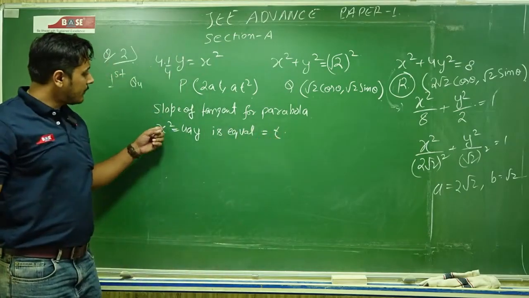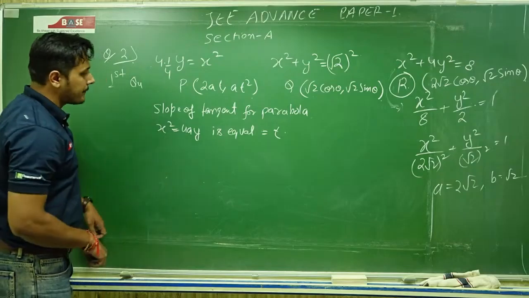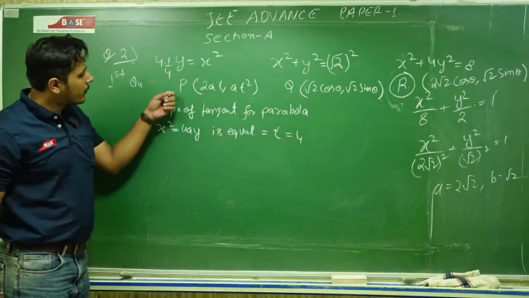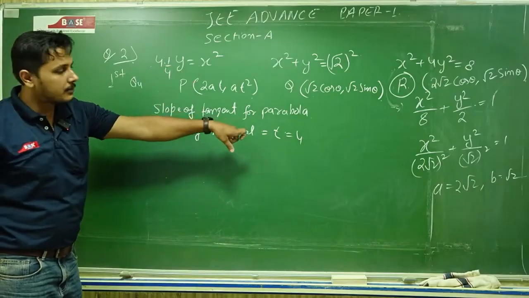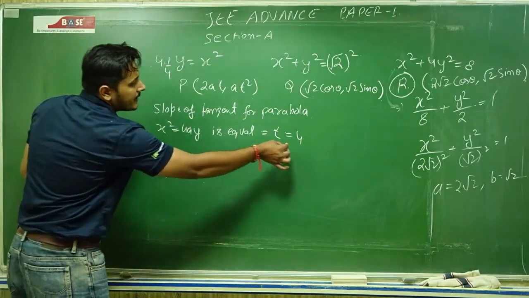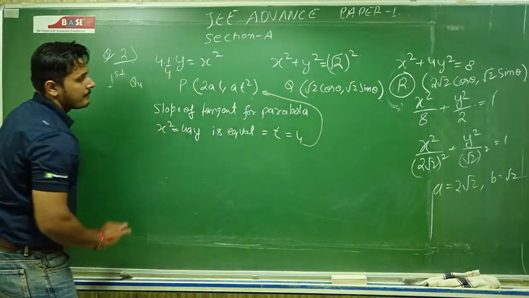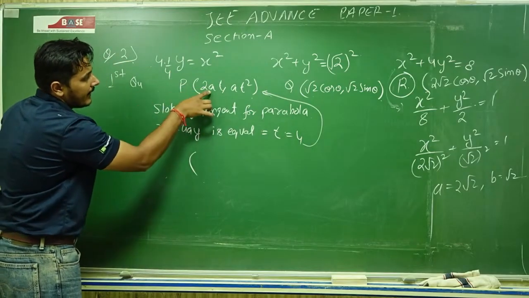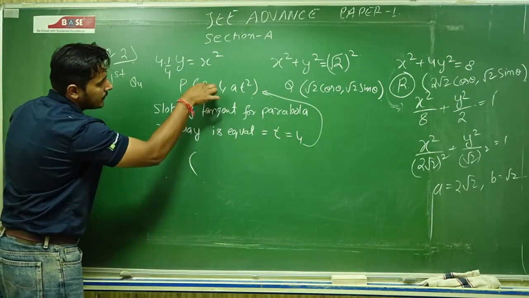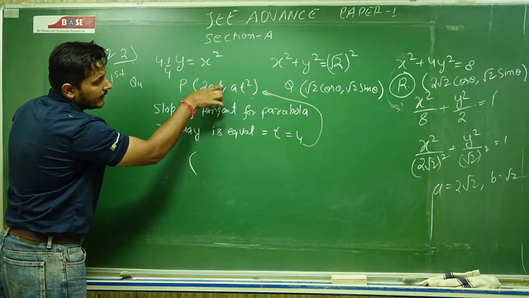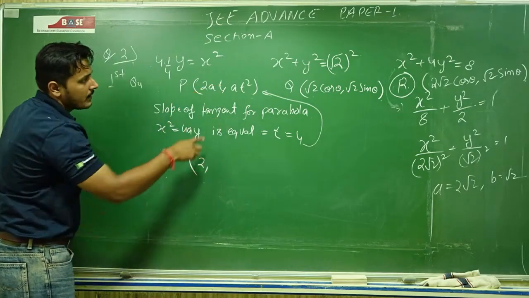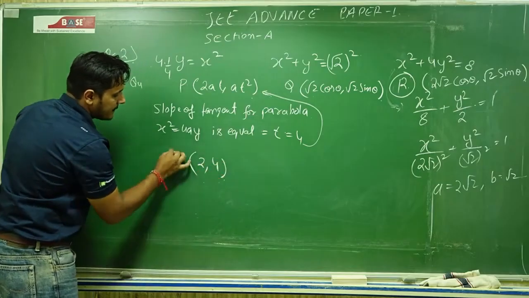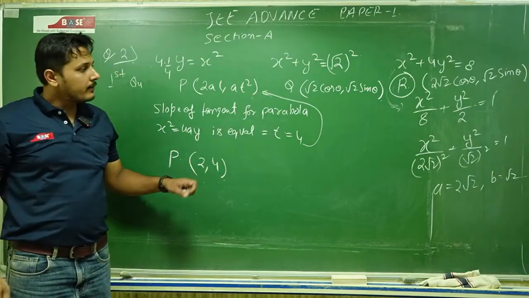In case of parabola y square is equal to 4ax, it is 1 by t. The t value here is given to us as 4. The slope at point P for this curve is 4. So t value is 4. If I substitute this t, the point that comes, a is 1 by 4. So 2 into 1 by 4 into 4 comes as 2. And the y coordinate, at square, is 16 by 4, so it will come as 4. So this is P (2, 4).